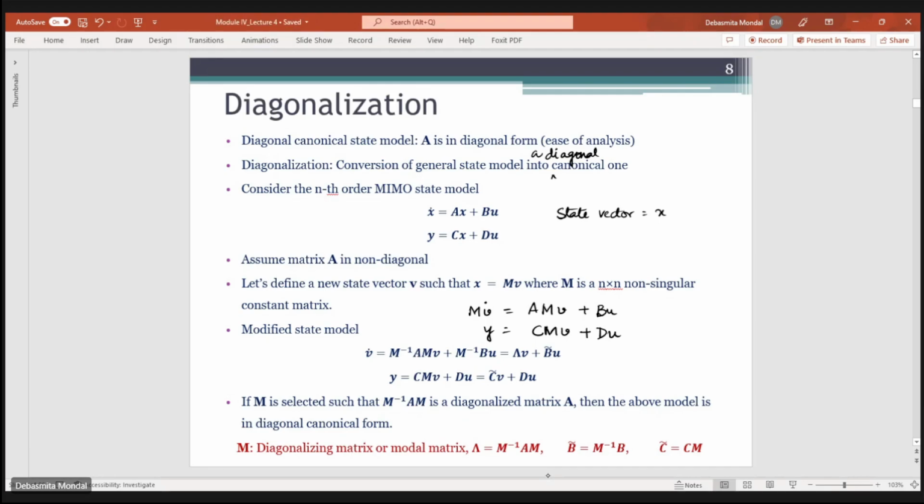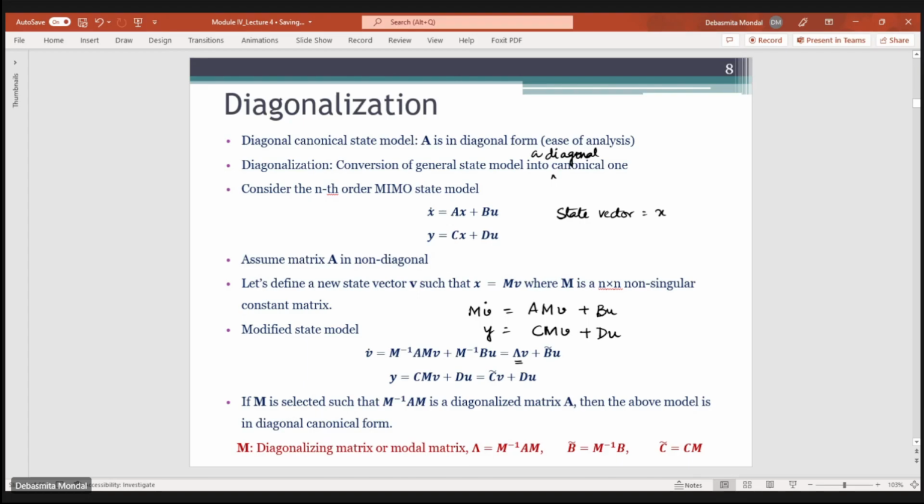Now if we want to express this state equation in the form V dot is equal to some matrix delta times V plus some matrix B bar into U, then this matrix delta is equal to M inverse A M. Our main aim is that this delta should be a diagonal matrix.